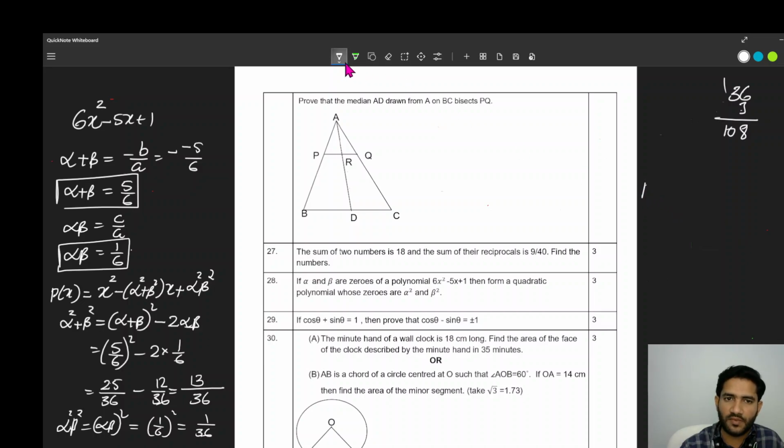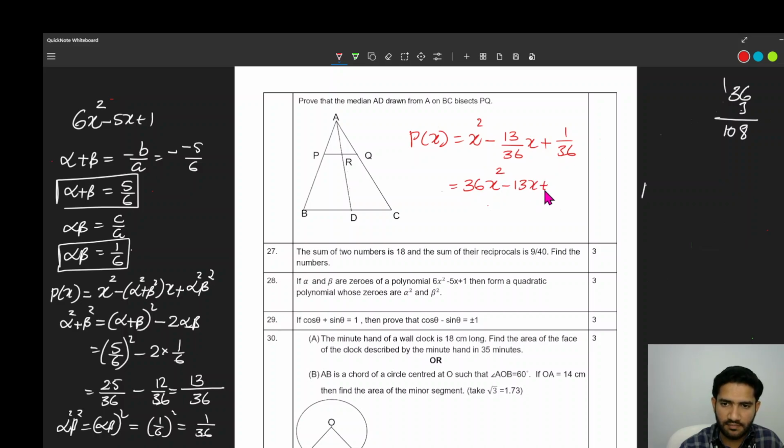Therefore, p of x equals x square minus alpha square plus beta square, which is 13 by 36, x plus 1 by 36. If you multiply with 36, we'll get coefficients as integers. So 36x square minus 13x plus 1.